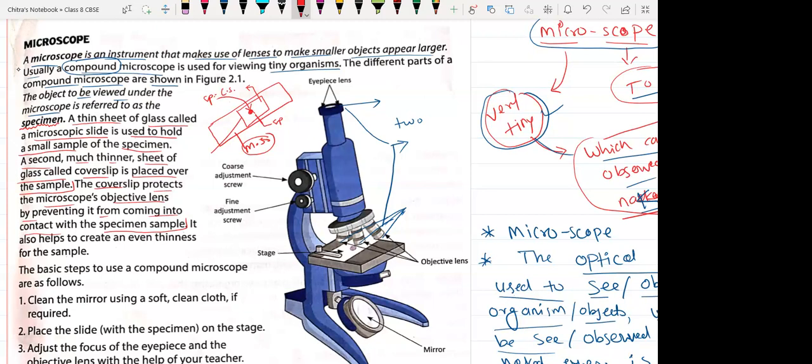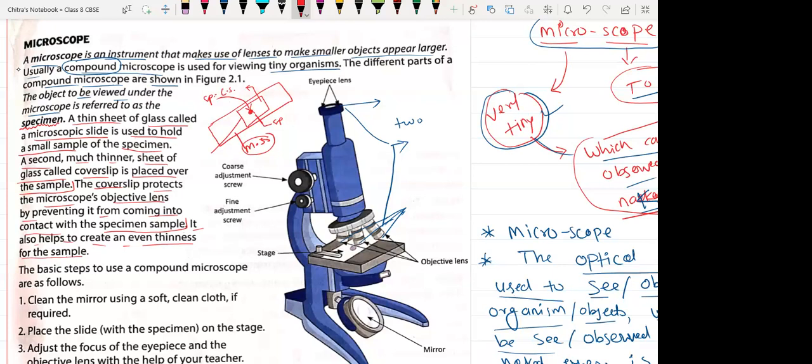Is it clear, everyone? So this is the use of the cover slip. It also helps to create an even thinness of the sample. It's really very thin, so the thin object should not break when the objective lens touches it. So it also protects them.